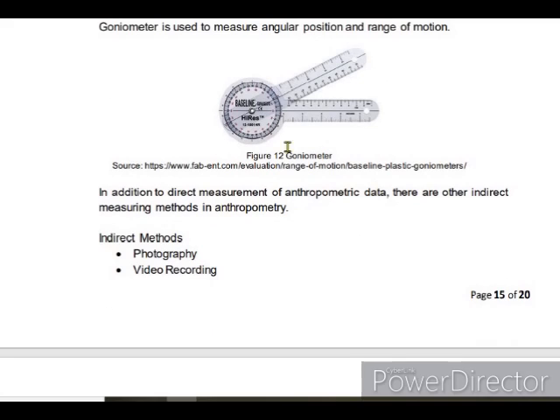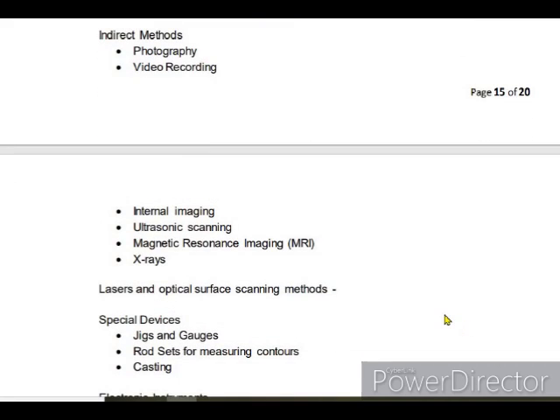Next, in addition to direct measurement of anthropometric data, there are other indirect measurement methods in anthropometry. So what are these? The indirect methods are, first, photography. You can use the camera of your cell phone for photography. Then video recording, as documentation. Next, internal imaging. So what is internal imaging?